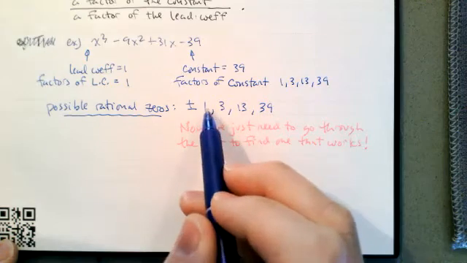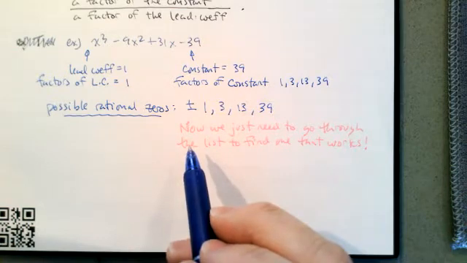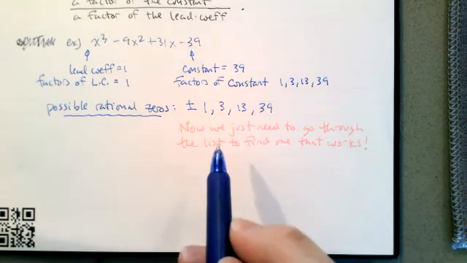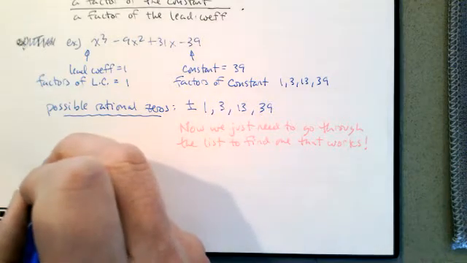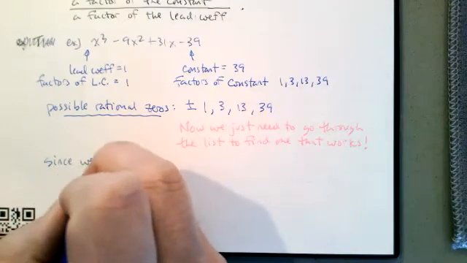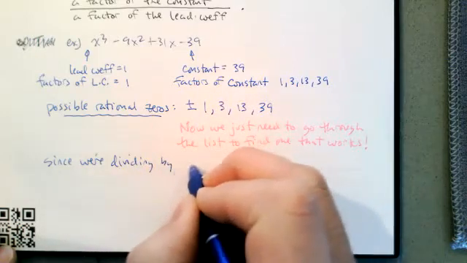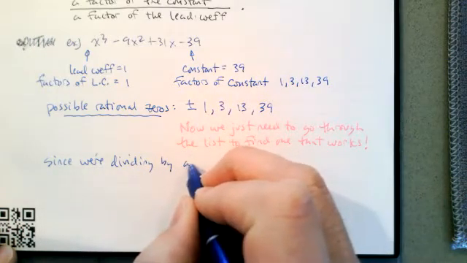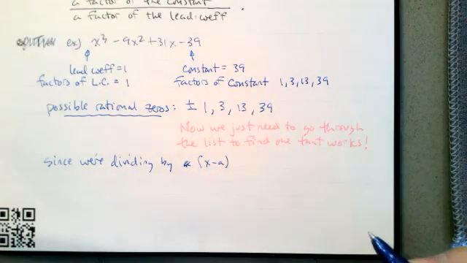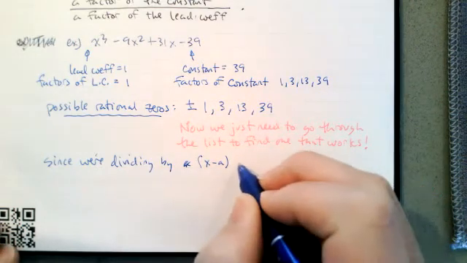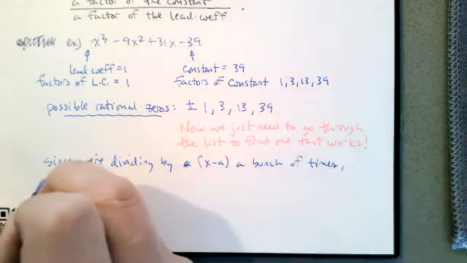We're going to be dividing by x plus 1, x minus 1, x plus 3, x minus 3, and since we're dividing by a polynomial of the form x minus a a bunch of times, we can use synthetic division.